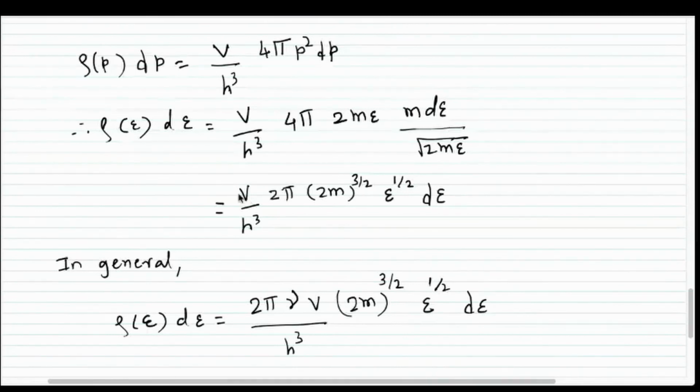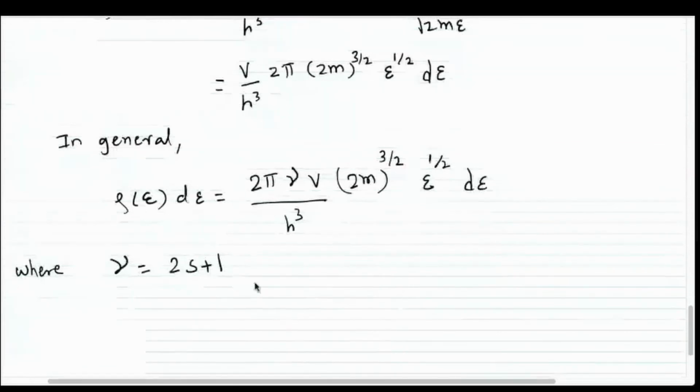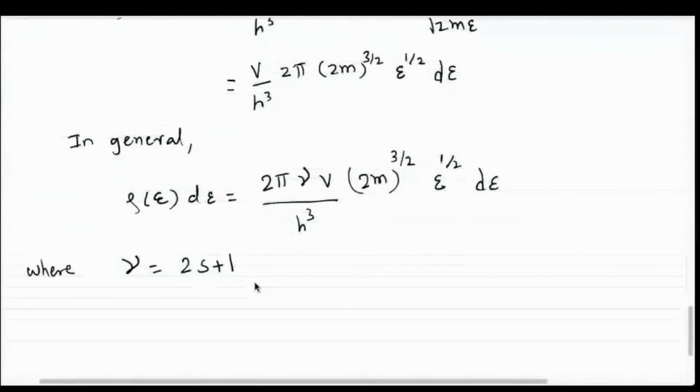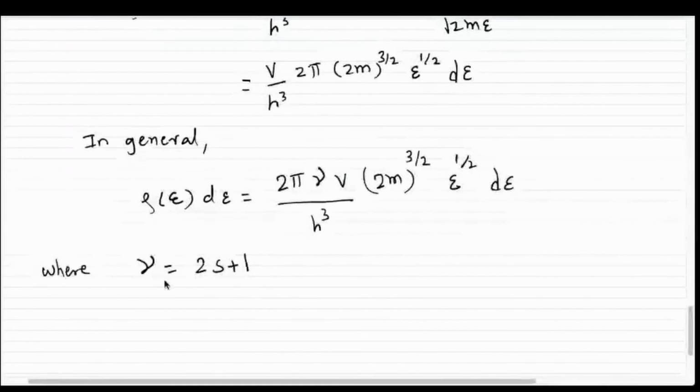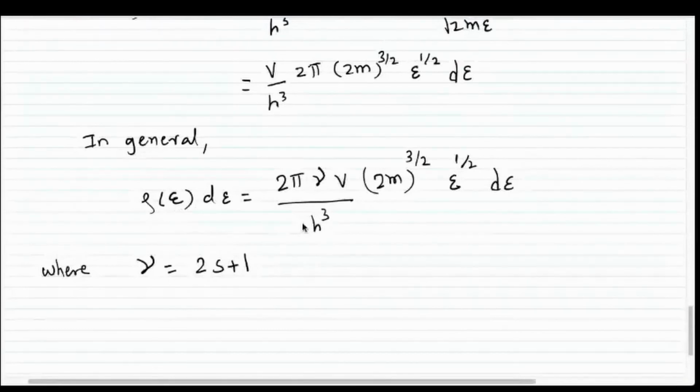Here we have assumed spin 0 particle. In general, we can write this equation as 2 pi nu into v by h cube (2m) raised to 3 by 2 E raised to half dE. What is this nu? This nu is nothing but 2s plus 1, which is nothing but the number of particle states. So if you have a spin half particle, with every energy, particle can be in up state as well as down state.